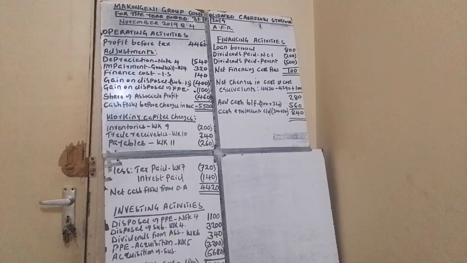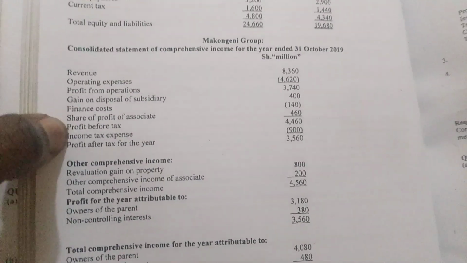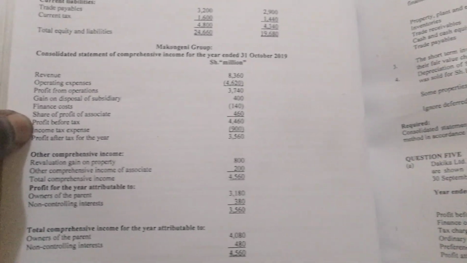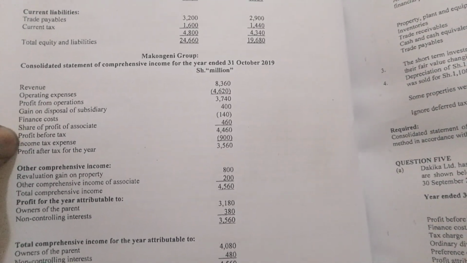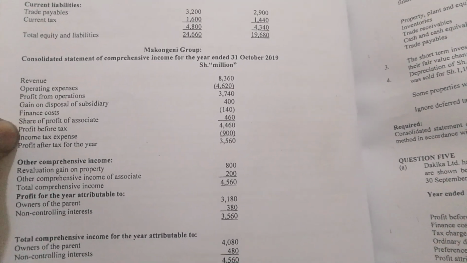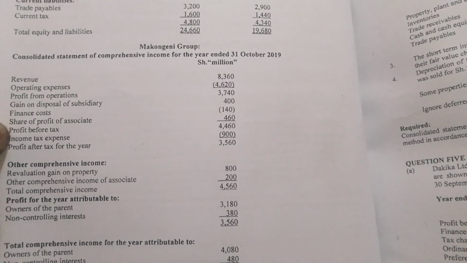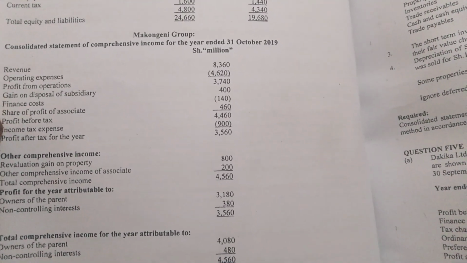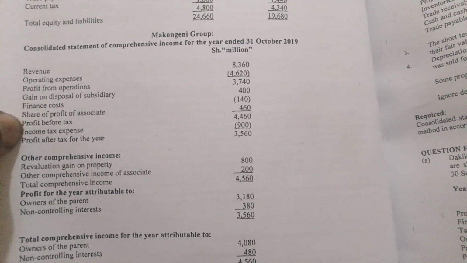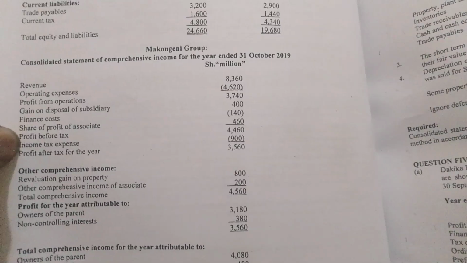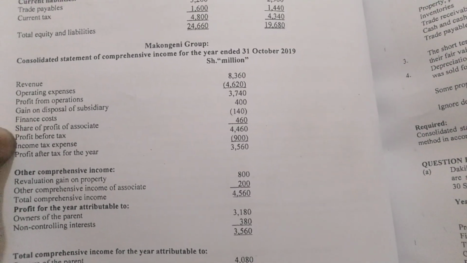The profit before tax, which is provided, you can see profit before tax 4460. Then look at all the figures above that 4460 and establish which figures should be adjusted, which figures do not involve actual cash movement.